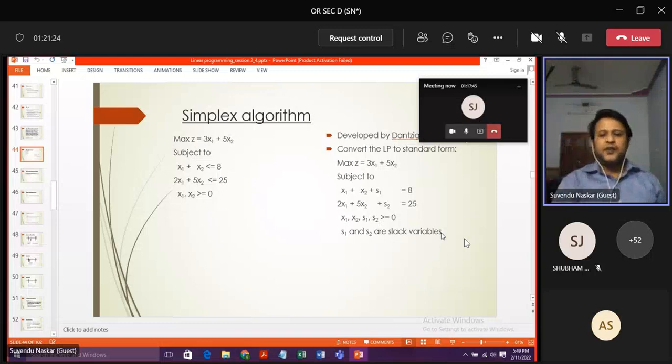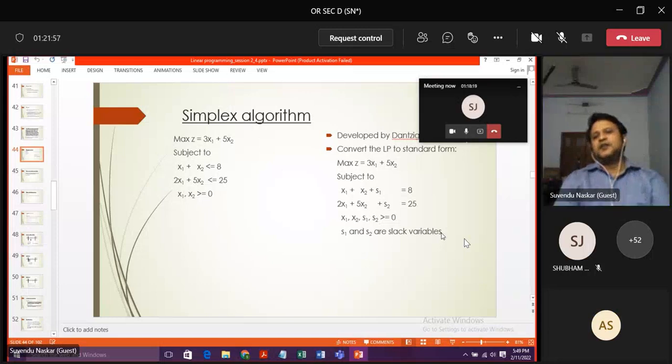So now my problem statement has moved from a 2-dimensional problem to a higher dimensional problem. But the good thing is that now I have a set of functional equations. I'm no more dealing with inequalities. I'm dealing with a set of functional equations. In order to achieve the optimum solutions, we'll solve this set of functional equations and then try to optimize my objective function.